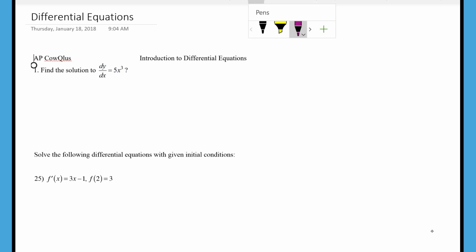I'm going to write the dy down, and then swing the dx over to this side. That allows me to have two differentials, one on each side, and I can integrate both sides with respect to their variable.